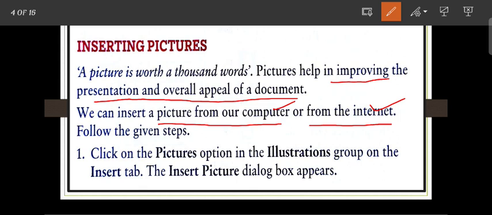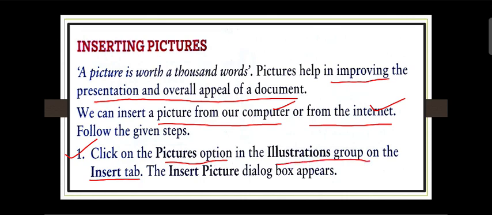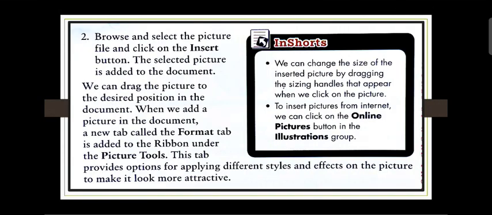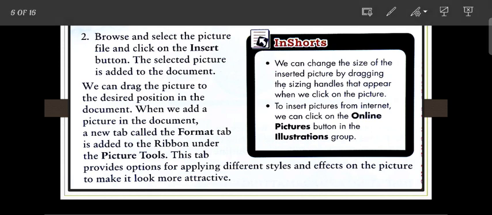So the first step is to click on the Pictures option in the Illustrations group on the Insert tab. First of all you need to click on the Insert tab, then click on the Pictures option from the Illustrations group. The next step is to browse and select the picture file and click on the Insert button.